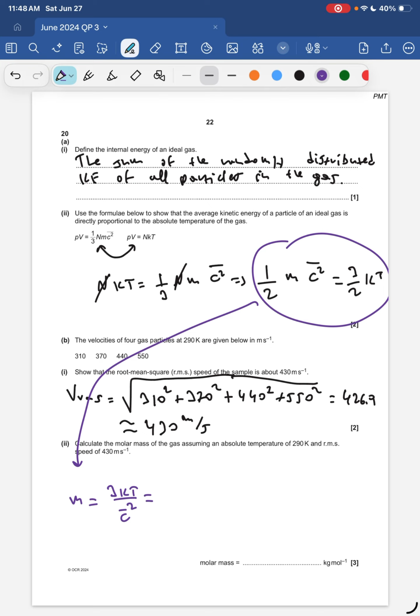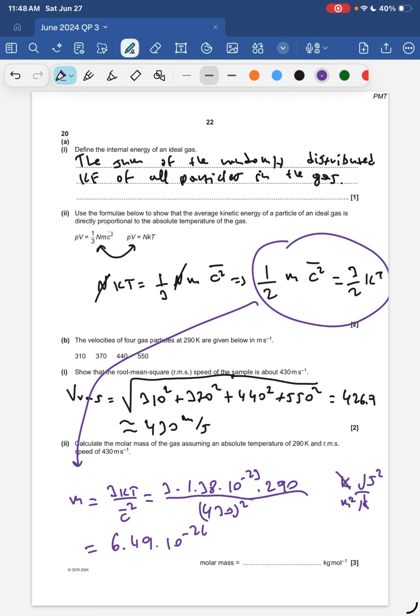This is 3 times 1.38 times 10 to the negative 23 joules per Kelvin, times the temperature 290 Kelvin, over velocity squared, 430 squared meters squared per second squared. Kelvins cancel, and joules are kilograms meter squared over second squared. So we get 6.49 times 10 to the negative 26 kilograms.